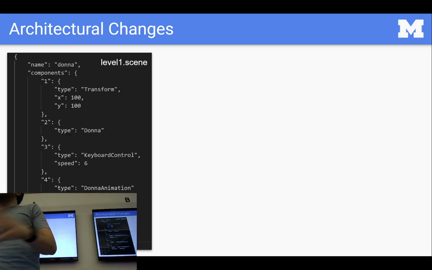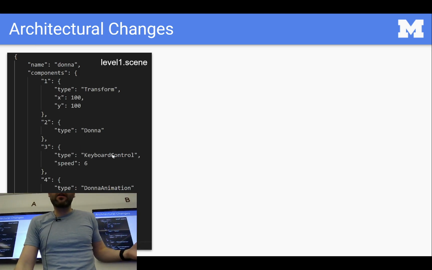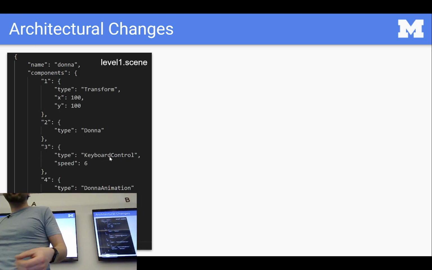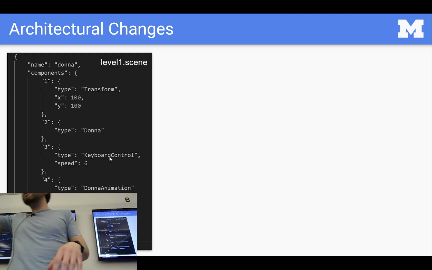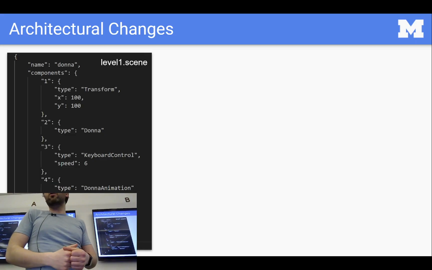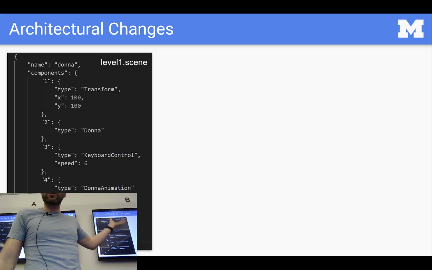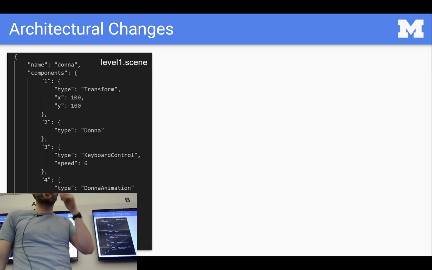Maybe an ally character, or maybe a cursor to move through the menus. And so if we have this component type, keyboard control, we can slap it onto as many actors as we want. We can slap keyboard control onto Donna several times if we want to. We can give her multiple keyboard control components.